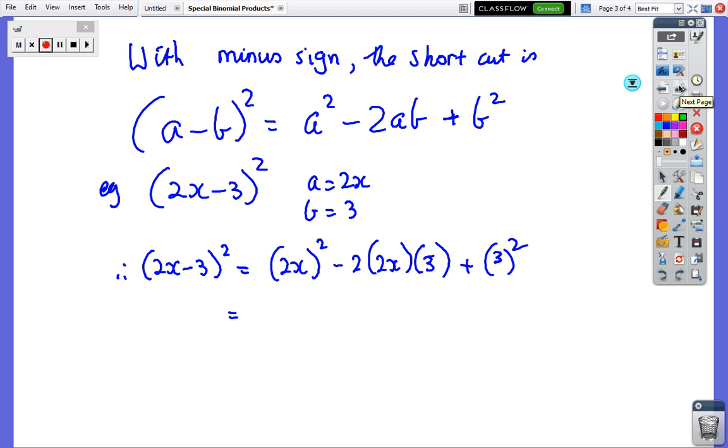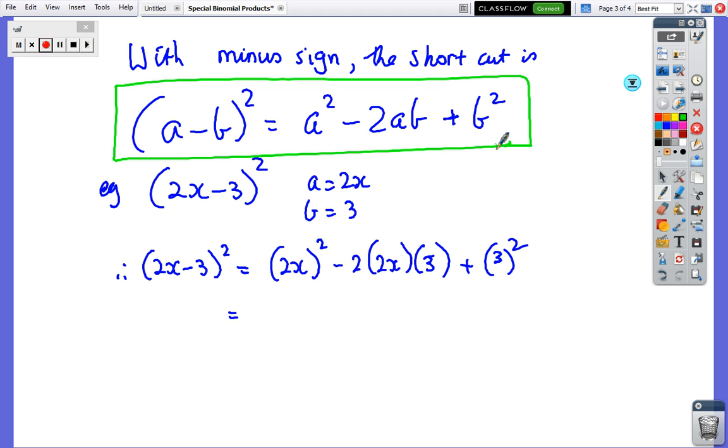There's a shortcut with a minus sign, so we'll just get this in our notes again. You don't have to do it, but if there's a minus sign in between, the a and the b are just the first number and the second number, don't worry about the minus sign. The minus sign takes care of itself later. So we've got a squared minus 2ab plus b squared, and I'll do this one for you again.